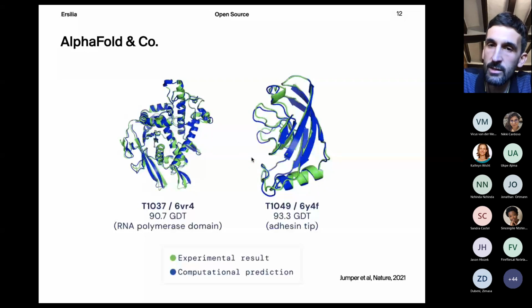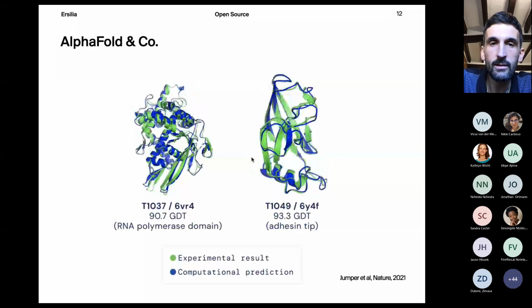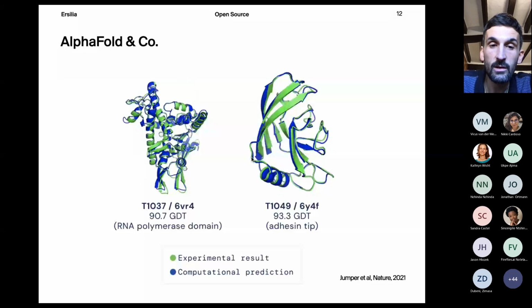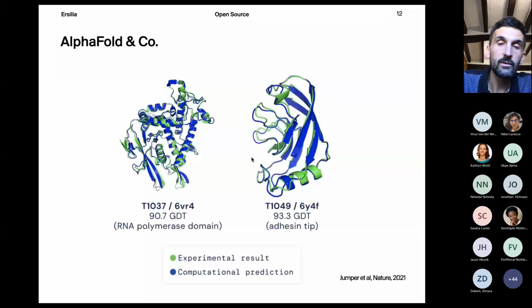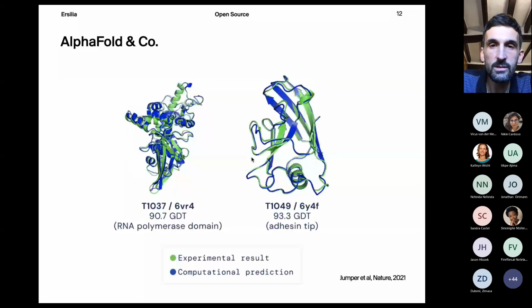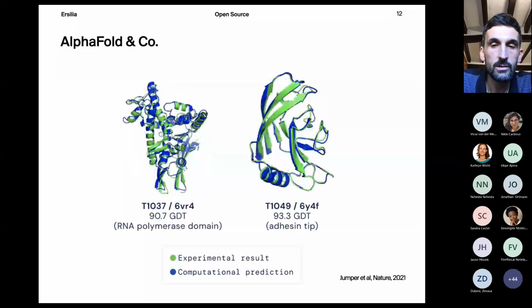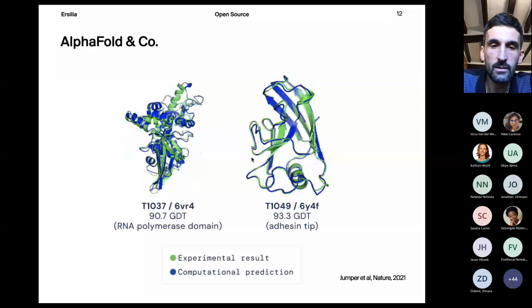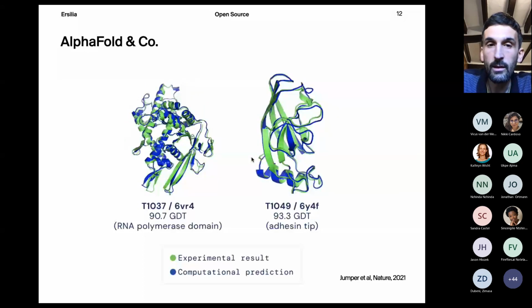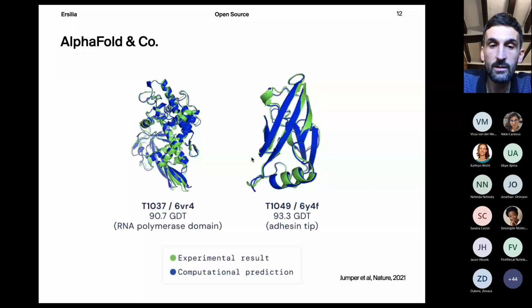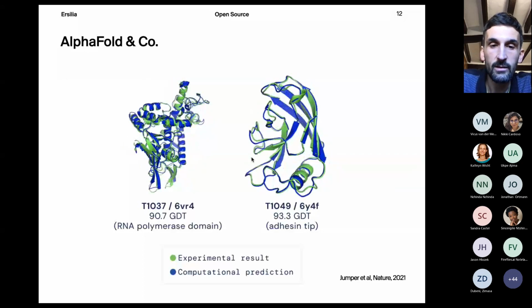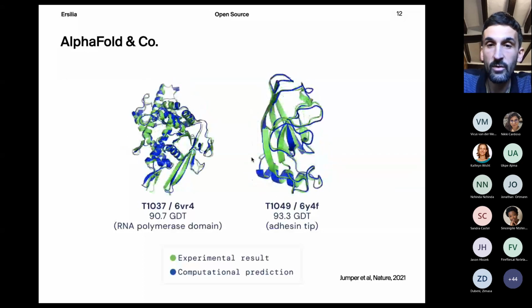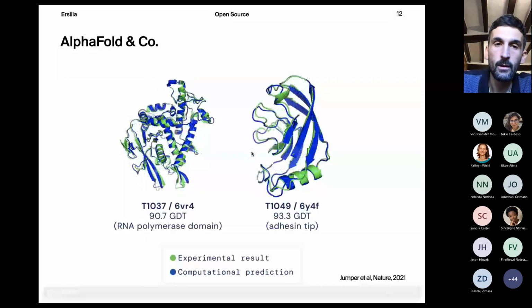We depart from language, that is a protein sequence, and we get as output a protein structure. And as you know, AlphaFold, with all of its limitations, is able to predict some of the structures with outstanding accuracy. As you can see here, in green the known X-ray structure of a few proteins, and then in blue the AlphaFold predicted protein structure of the same proteins, only departing from protein sequence.